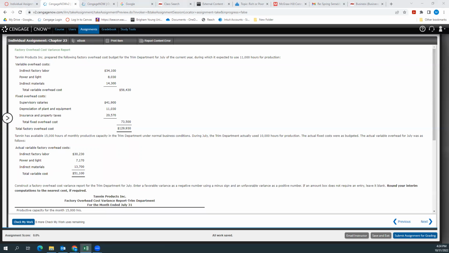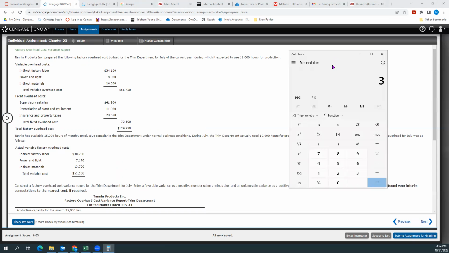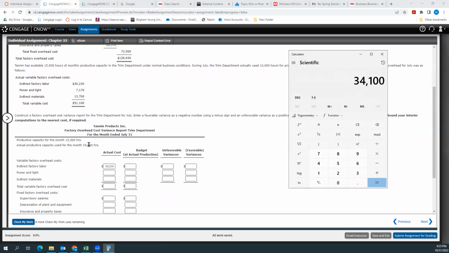Let me pull up a calculator here to make this a little bit easier. I would probably use Excel if I were doing this all the time. There was $34,100 of indirect factory labor that was planned for, and that plan was at 15,000 hours.